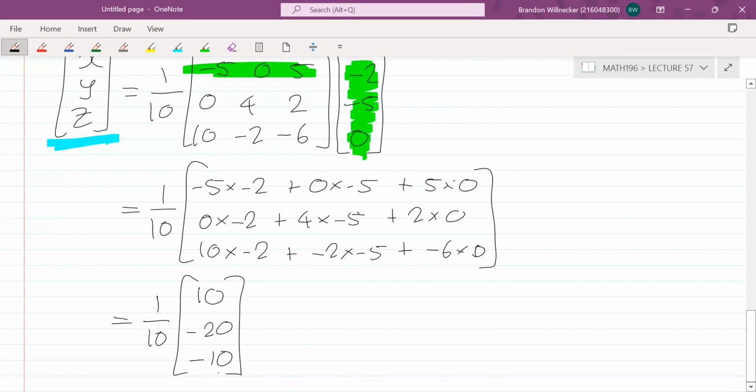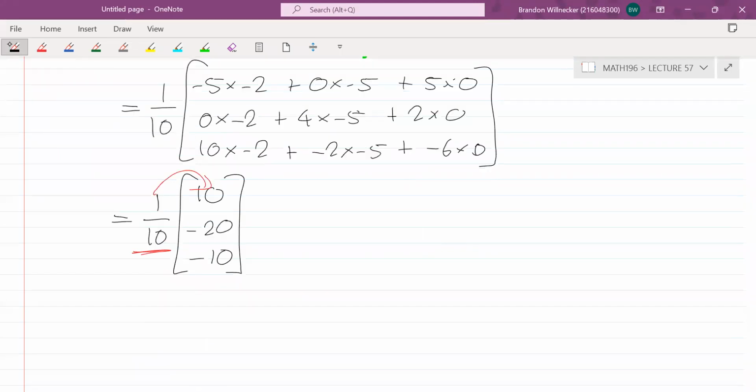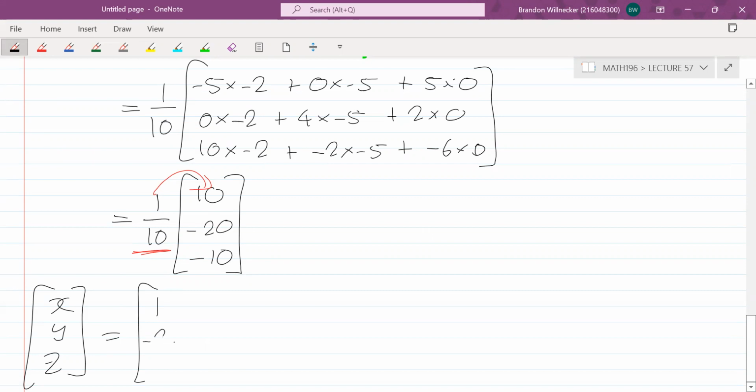Okay, so we just simplified those sums there. And then finally, this 1 over 10, we can multiply inside. So we get x, y, z is equal to 1 over 10 times 10, that's 1. 1 over 10 times -20, that's -2. And 1 over 10 times -10, that's -1.